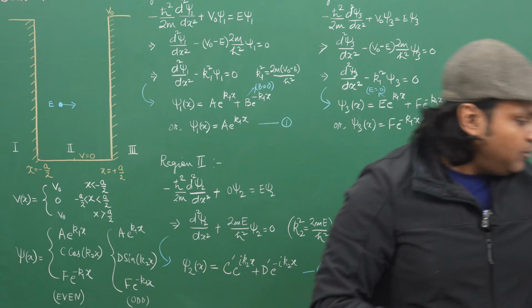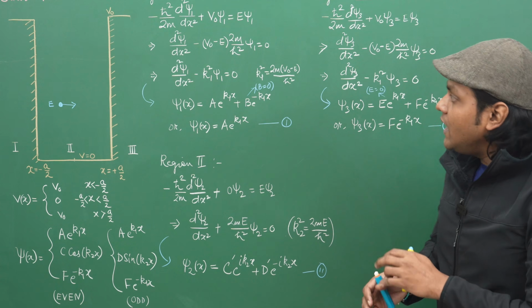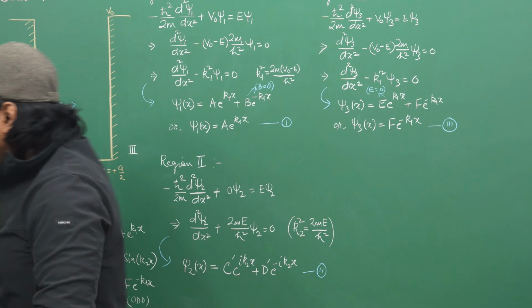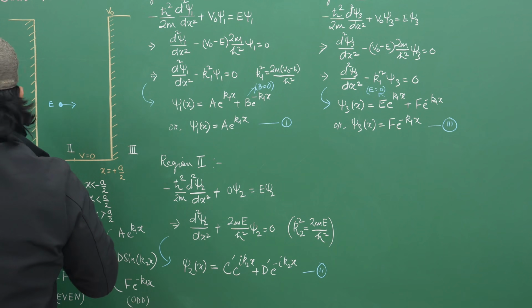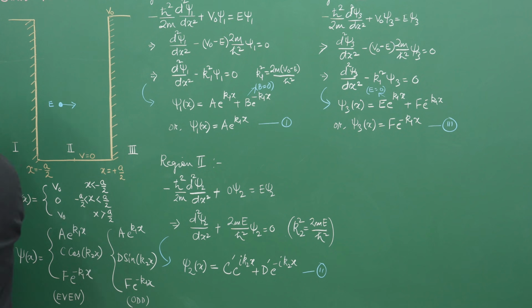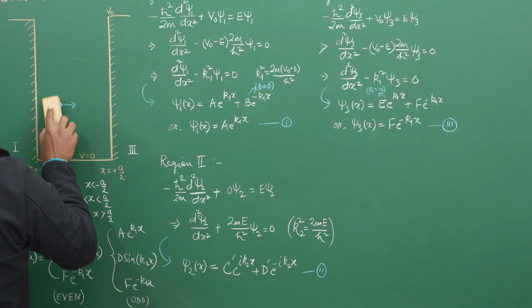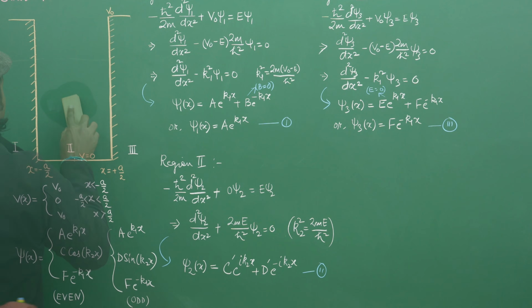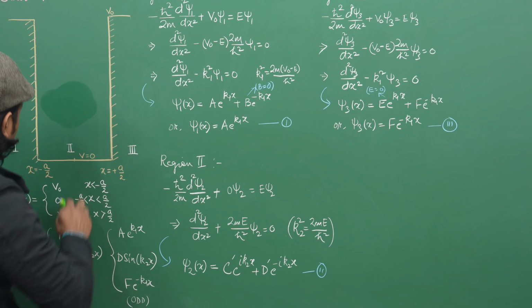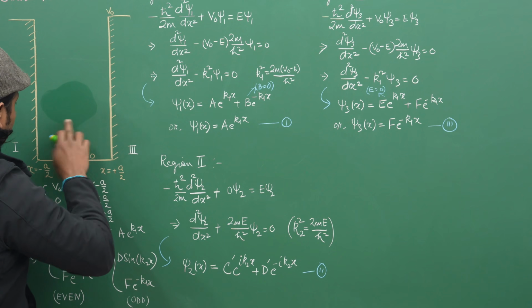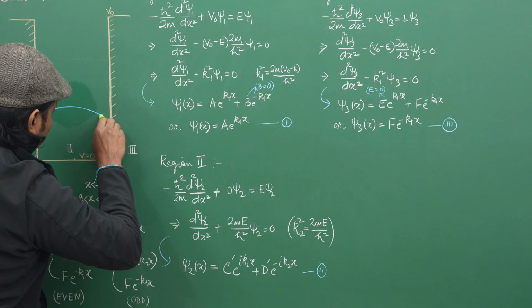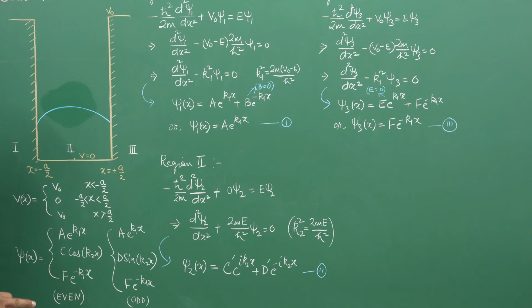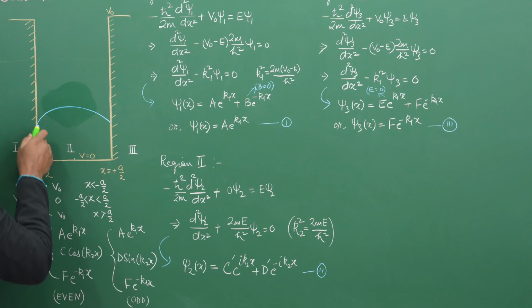So if I am going to plot them, then things are going to become much simpler. So let me try to plot some of the eigenfunction solutions. For the ground state, we have a cosine, which is an oscillatory eigenfunction solution in region number 2, but in region number 1 and 3 we get exponentially decaying solutions.